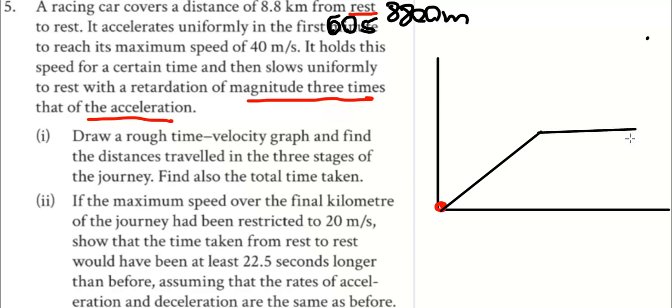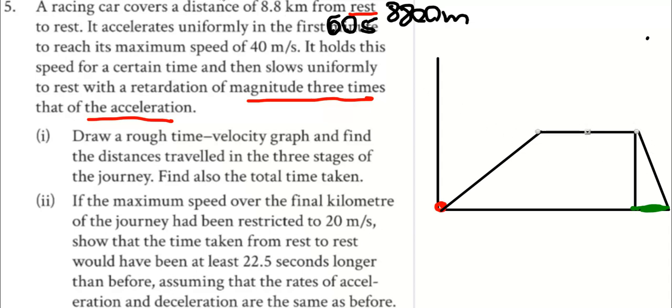And then what happens? The second triangle, will it be steeper or shallower? Steeper? Yeah, 3 times exactly. So I just slanted it, didn't I?